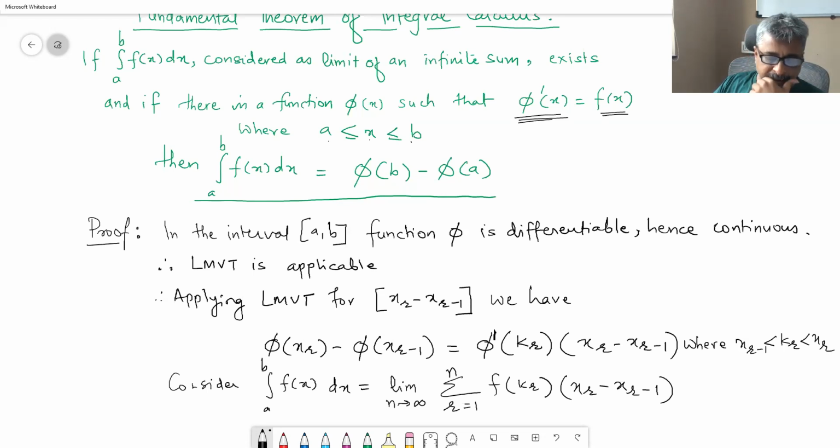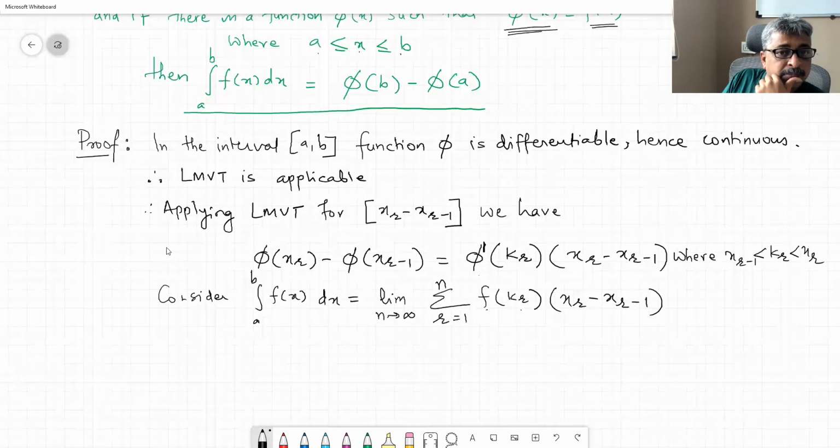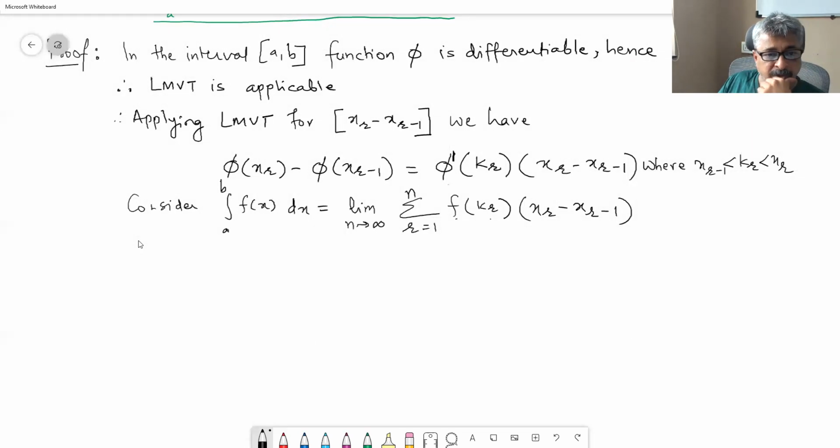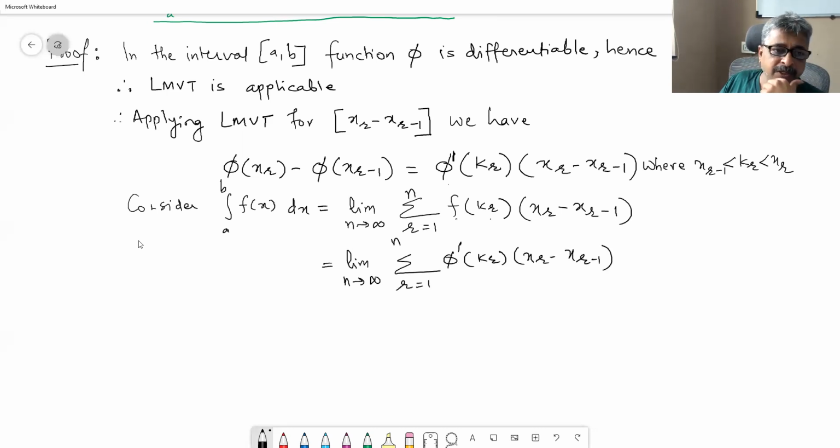Okay, and therefore f of kr can be replaced by phi dash of kr, which is equal to limit n tends to infinity, sigma r goes from 1 to n, phi dash of kr into xr minus xr minus 1. Correct?